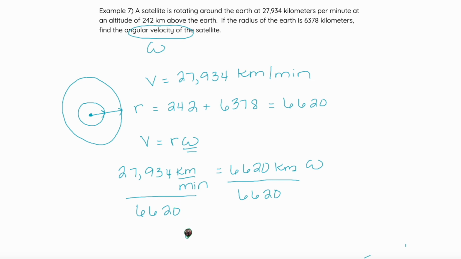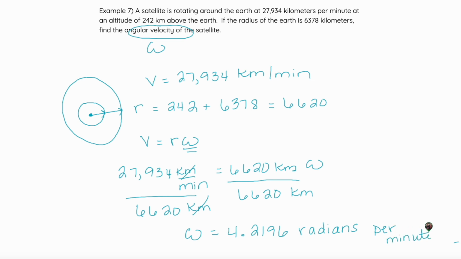We'll see that the angular speed of this satellite is approximately 4.2196 radians. I can say this kilometers and kilometers, so our kilometers are disappearing. And our angular velocity already tells us that it's in radians, not degrees, radians per minute.